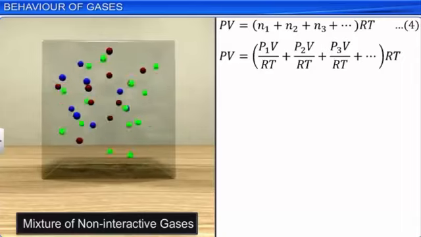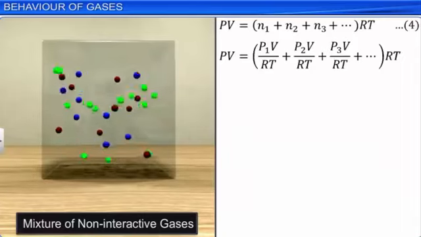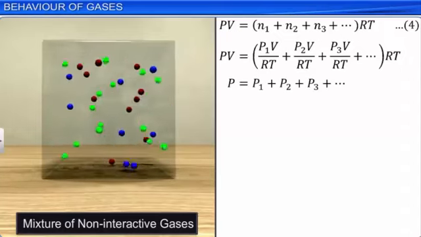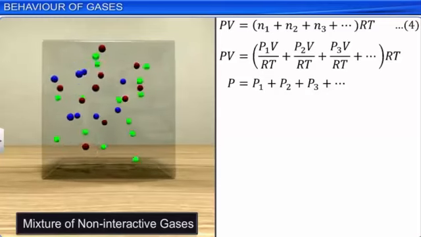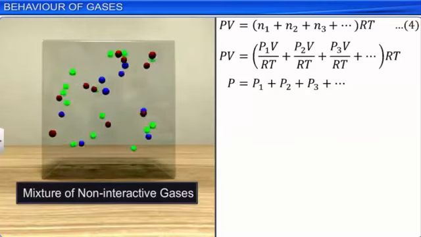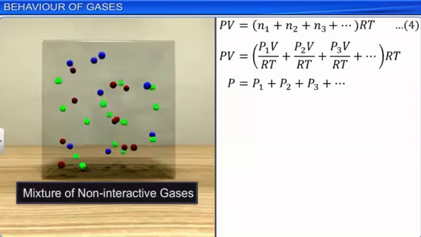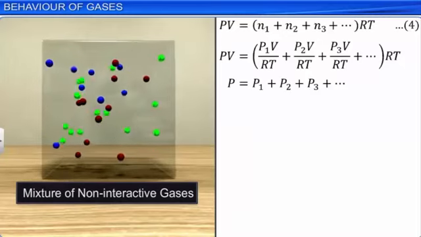On simplification, we get P = P1 + P2 + P3 and so on. That is, the total pressure of the mixture of gases is equal to the sum of individual partial pressures exerted by all the gases. This is called Dalton's law of partial pressures.